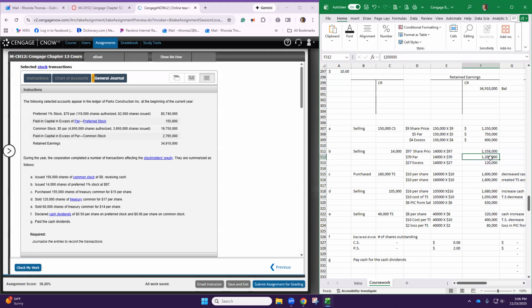So now I need to make sure that if this is our debit, how much cash is coming in, then our credit needs to be 14,000 times $70, and then 14,000 times $27.